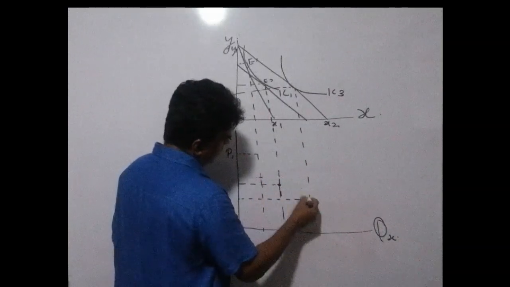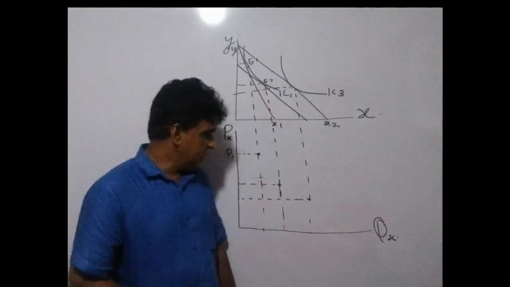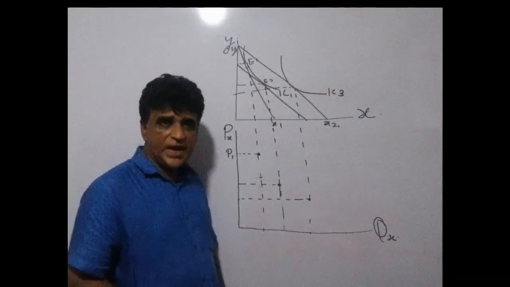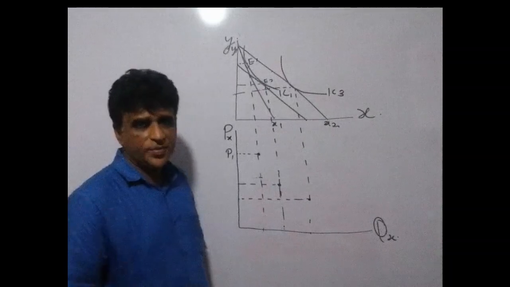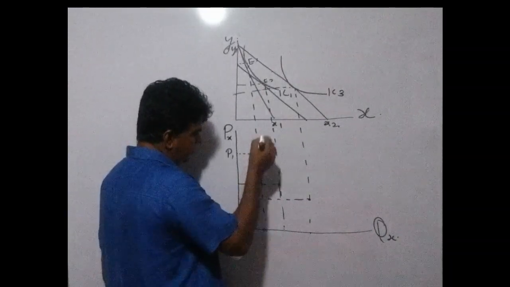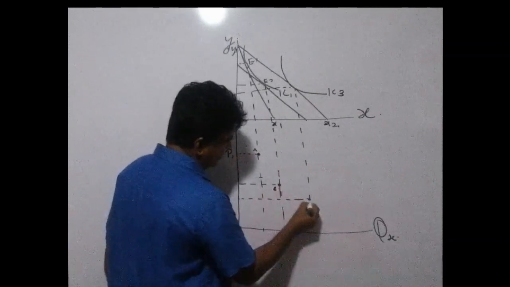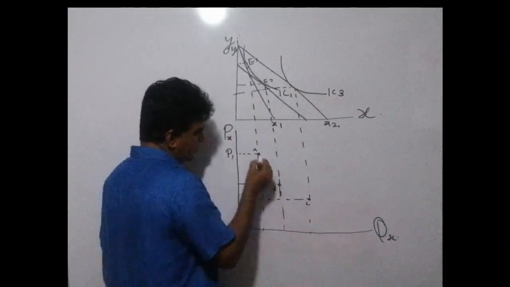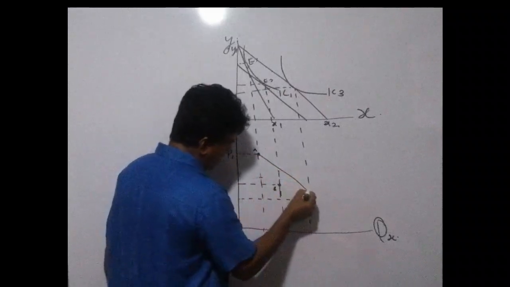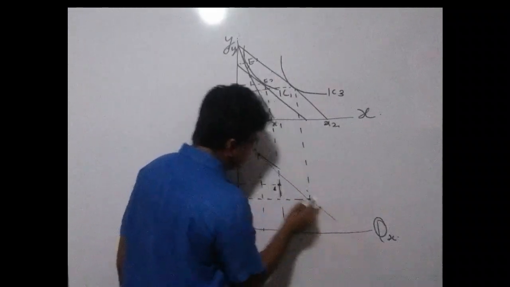Now there are 3 points. We know the demand curve is a straight line sloping downward. Now if I name these points A, B and C, the Marshallian demand curve is drawn like this.